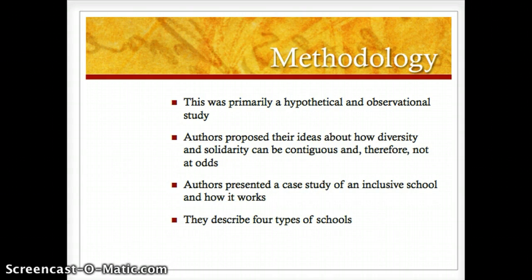With this idea, the authors tried to describe or explain how this model of education is needed. They did that by describing the four types of schools that have evolved in the United States over time.